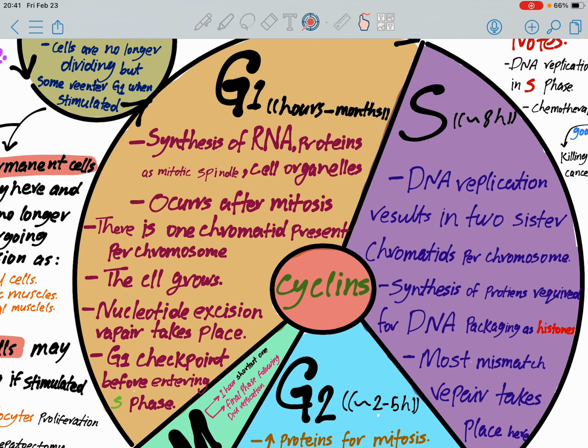Nucleotide excision repair takes place here. What does it mean? It means when there is any damage or problem to the bases of the DNA, the growth 1 checkpoint is gonna repair them and replace them with the normal and right bases.